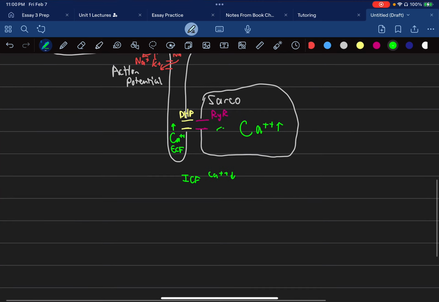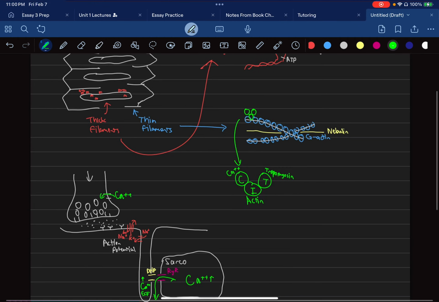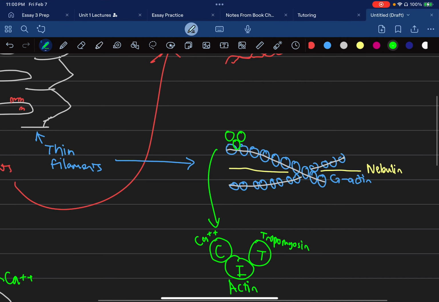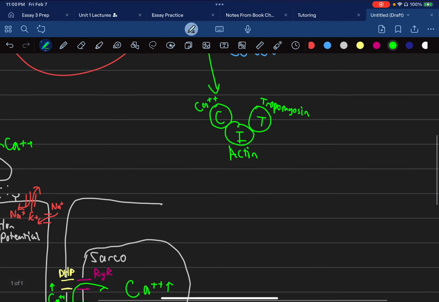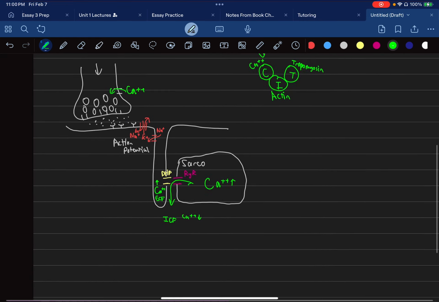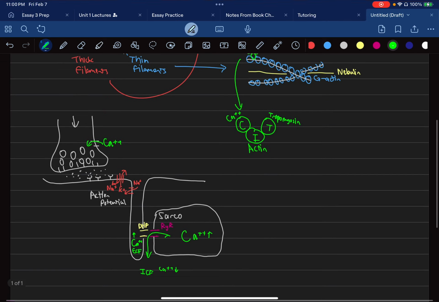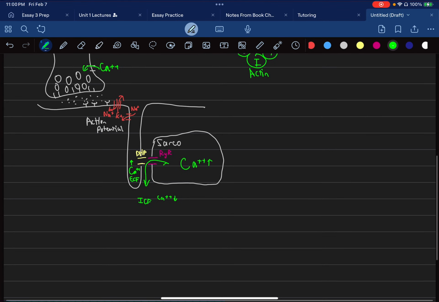What's going to happen is calcium is going to rush into the ICF. And as that happens, calcium is going to be binding to the C troponin, sorry, and that's going to allow for myosin to be able to bond to our actin filaments here.